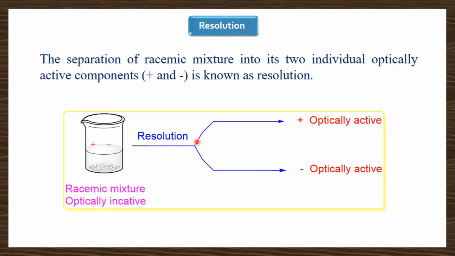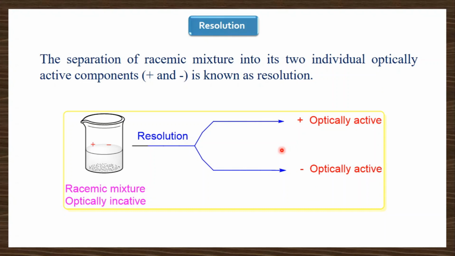So by resolution, you are separating the racemic mixture into plus and minus forms, into two separate optically active forms. That is called resolution.